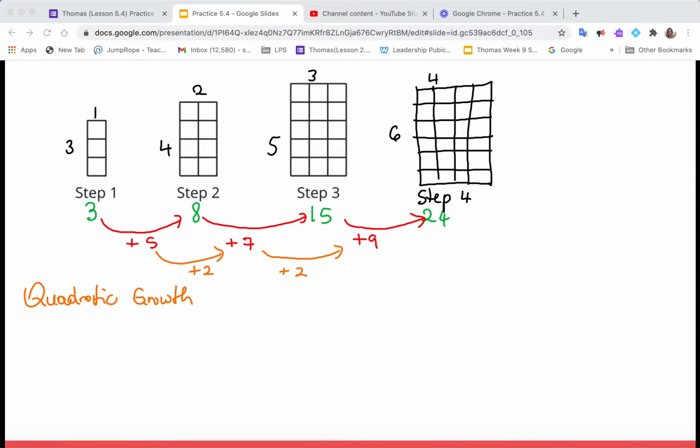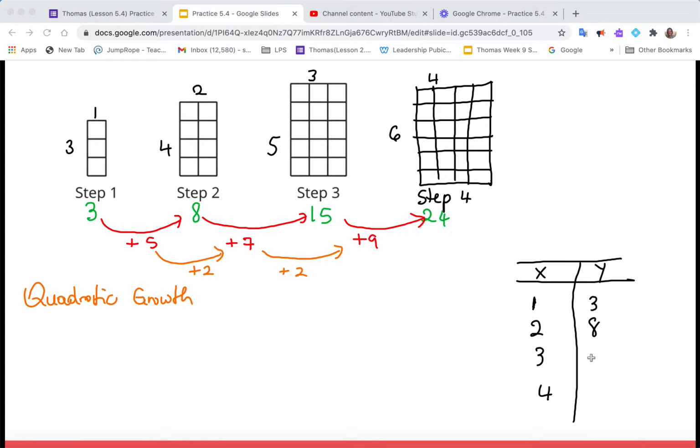And so if I represent this on a table, here's what we'll see, where my x represents my step number and my y represents my total number of squares in the pattern. So it's 1, 2, 3, 4 is what I have now. Step 1 gives me 3. Step 2 has 8 squares.